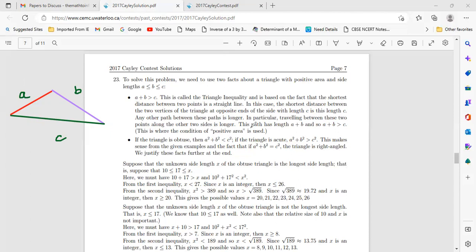So this path has the length A plus B, and so A plus B is greater than C. So this is just the triangle inequality theorem.